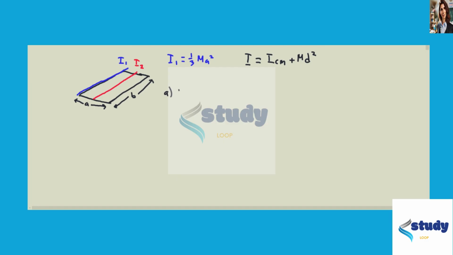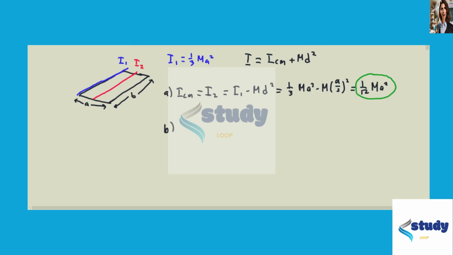So we get ICM, and that's going to be equal to our I2, and is equal to I1 minus MD squared, so 1/3 MA squared minus M times A over 2 squared. So we'll have a 1/3 MA squared minus 1/4 MA squared, and that will give us 1/12 MA squared. And that will be our moment of inertia for part A.